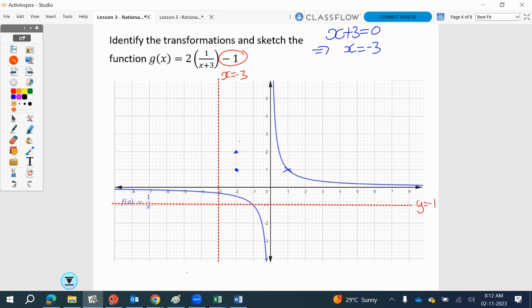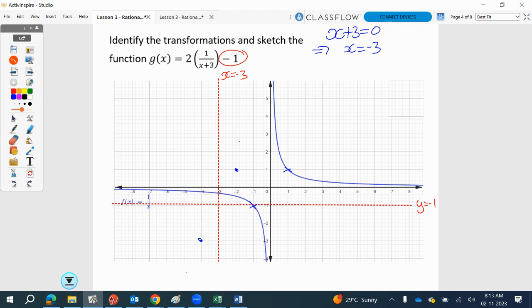And then we've taken 1 away, and it comes back to there. So it's going to go through this point here. Our other reference point is here, at minus 1, minus 1. We've shifted to the right by 3, so we go 1, 2, 3 to the right, it's going to be there. We then have to double it, so it goes there, and then we bring it down by 1, so it goes there.